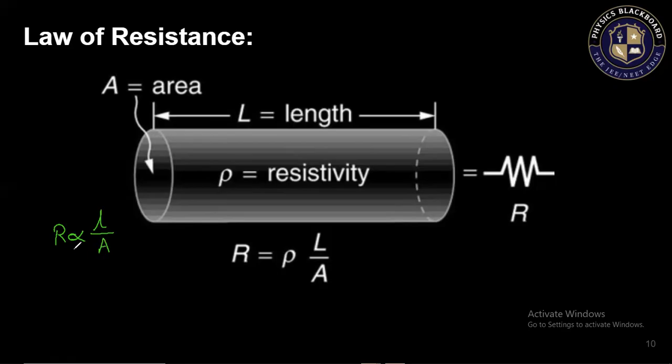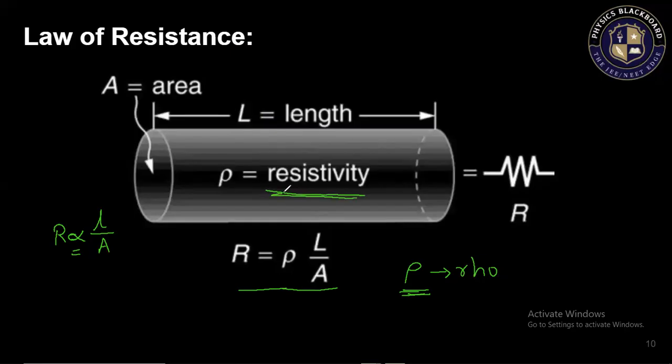So in place of proportionality, this expression is further written as R is equal to rho L by A. This is the symbol rho. This is a proportionality constant we used here in this mathematical expression. And this is named as resistivity.